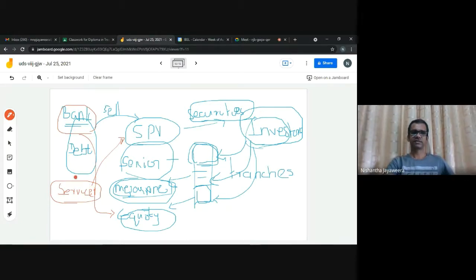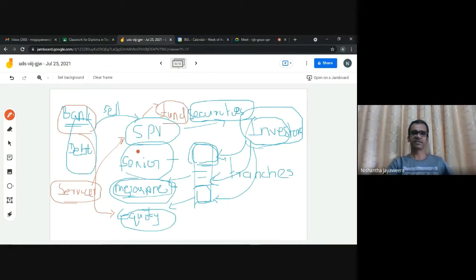So they collect the payments by the borrowers and distribute them among the securities. And meantime, there can be another fund, a sinking fund kind of reserve.